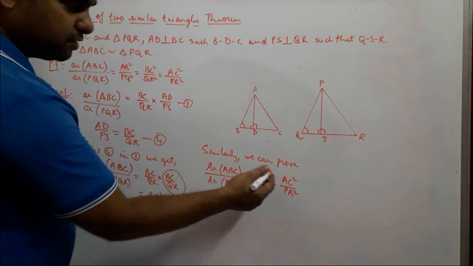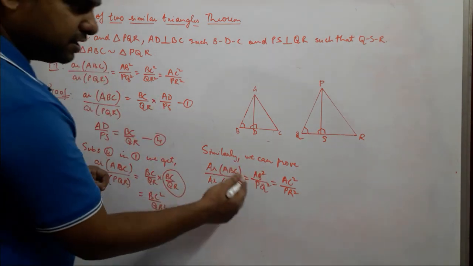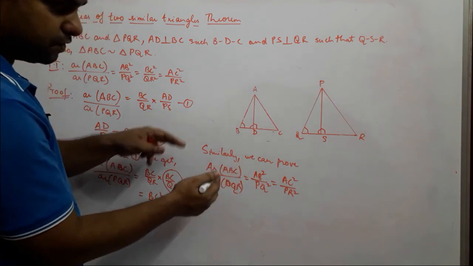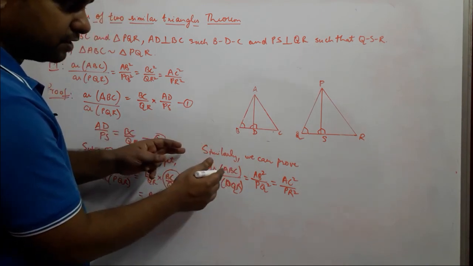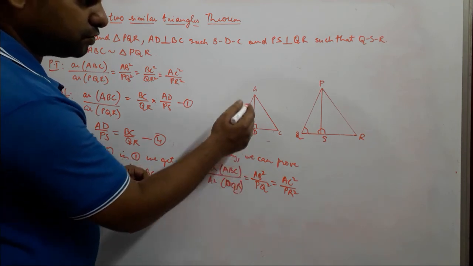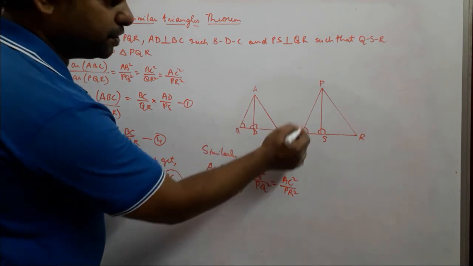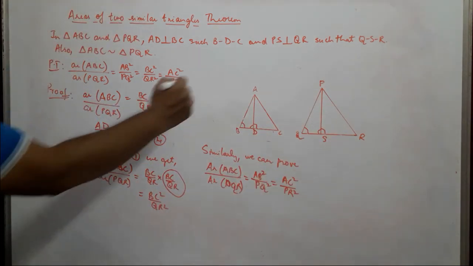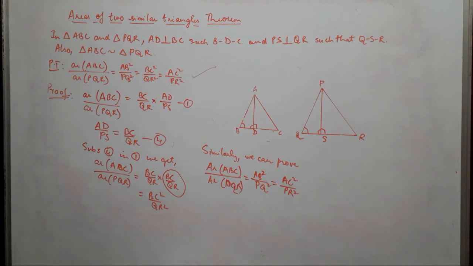Similarly, to avoid the lengthy process, we can also prove the ratio of the areas of the two triangles is also equal to AB square upon PQ square and also AC square upon PR square. Hence, proving our theorem of area of two similar triangles. So this is how we prove it.